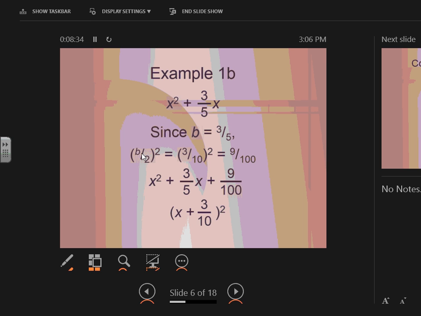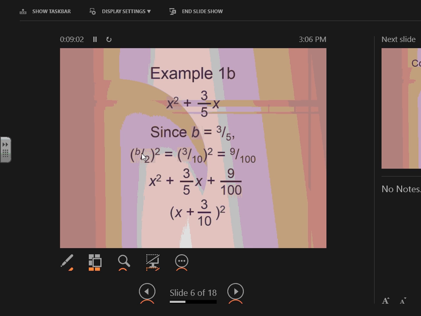My outside term gives me 3/10 x, and I have another 3/10 x, so it gives me 6/10, which simplifies to 3/5, and then 3/10 times 3/10 is 9/100. First, outside, inside, last, I FOIL that and it gives me this. That's how I check my factors, and make sure it FOILs to the answer given.